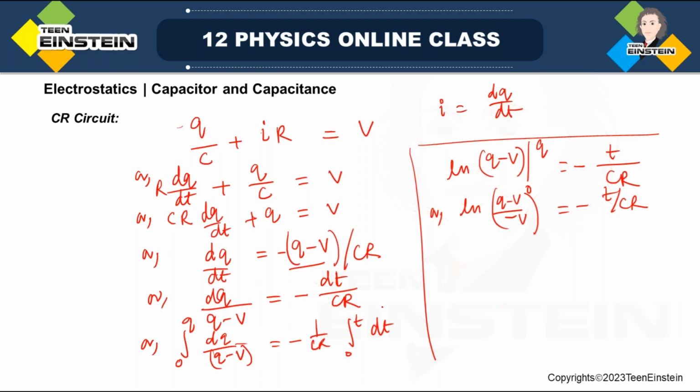I think I have made a small mistake here. I had to multiply c everywhere, so here also one c will be there. So this is CV, this is CV as well.